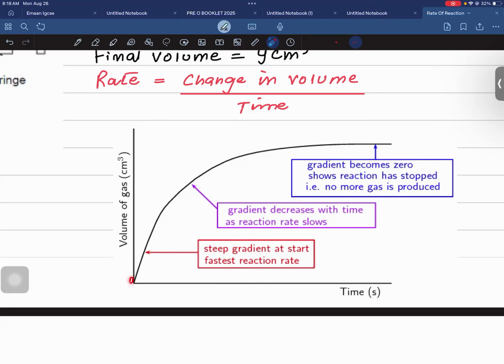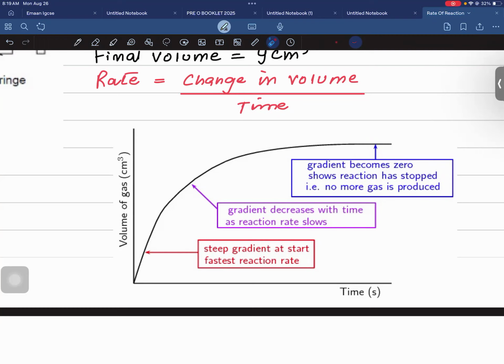When the line becomes less steeper, you can say that the rate of reaction is slower.